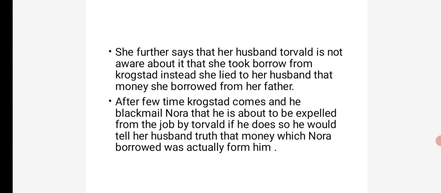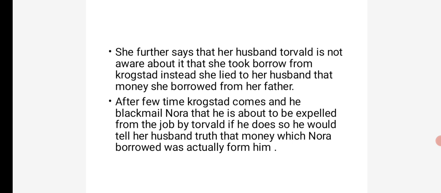After some time, Krogstad comes and blackmails Nora that he is about to be expelled from the job by Torvald. If he does so, he would tell her husband the truth that the money Nora borrowed was actually from him.